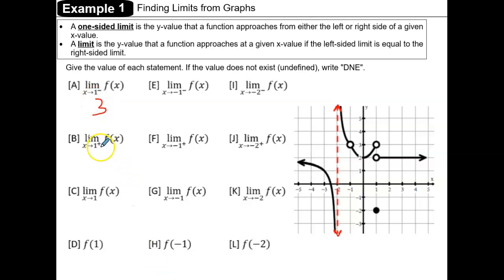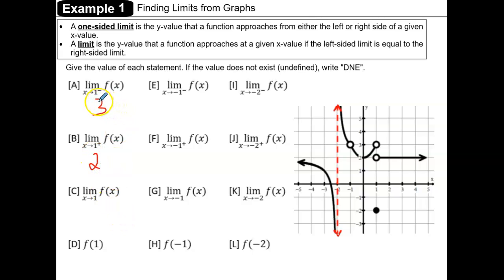Now to approach from the right, the same value of x at 1. Now I'm coming from the right along this constant function, and when I get to 1, the piece of the graph that I'm traveling along is going to terminate at y equals 2. So my limit as I approach from the right is going to be 2.